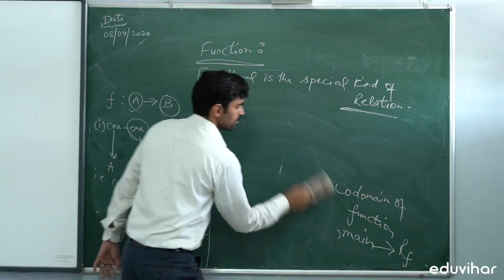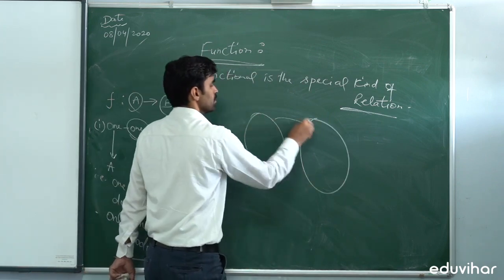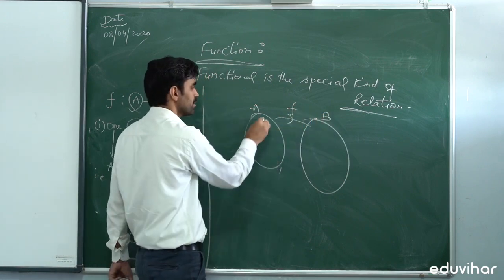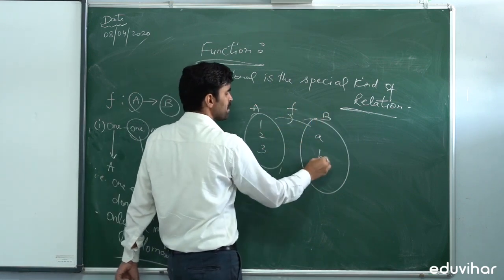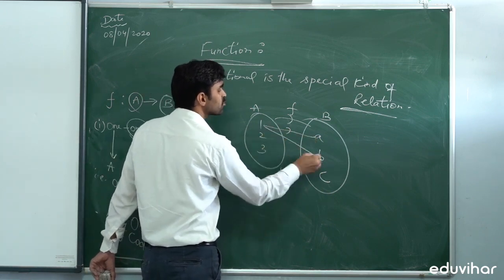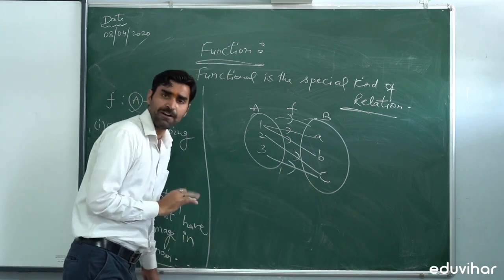In the arrow diagram, if we have a function between two sets having the elements 1, 2, 3 and A, B, C, I am representing it as 1 to A and also 1 to B, 2 to C, 3 to C. Then can it be a function?